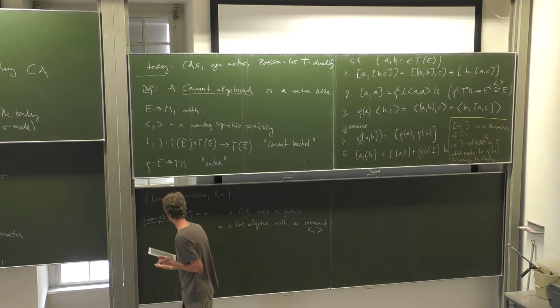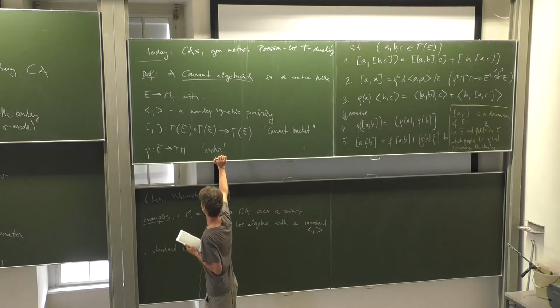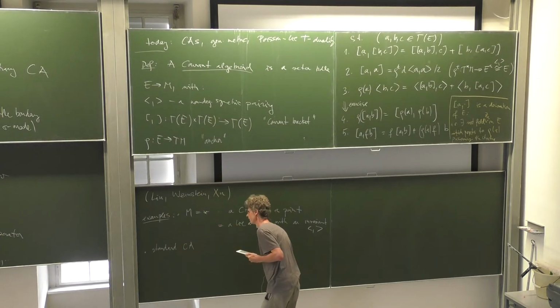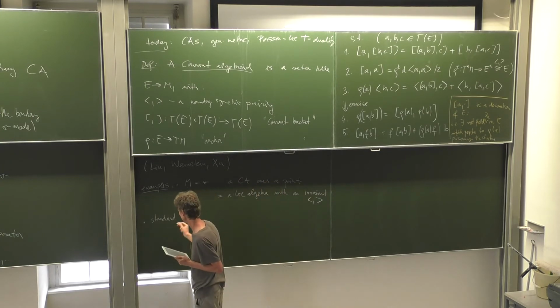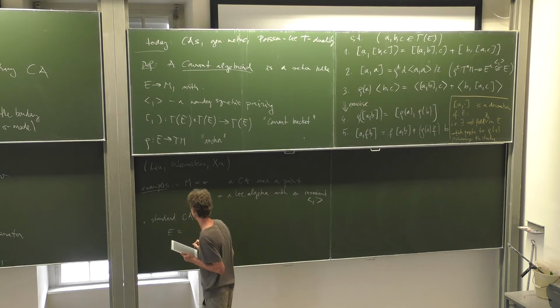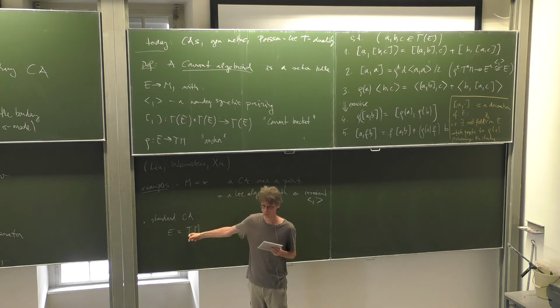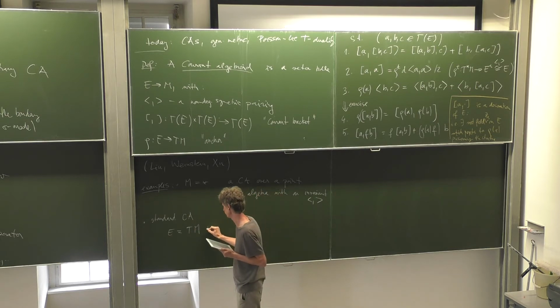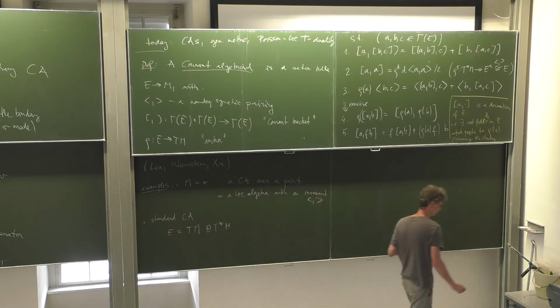The second example is what is called the standard Courant algebroid. Now we take an arbitrary manifold, and for E, let's take the tangent bundle. Then we want to have some pairing, so for good measure, we add the cotangent bundle, so that we can have pairing between vectors and covectors.